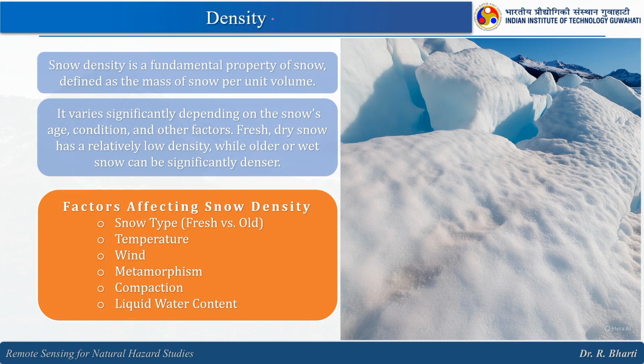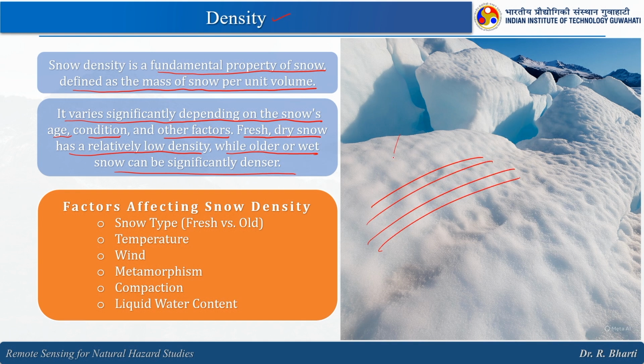When we talk about density, it is a fundamental property of snow, defined as the mass of the snow per unit volume. It varies significantly depending on the snow's age, condition and other factors. Fresh dry snow has relatively low density, while older or wet snow can be significantly denser. You can visualize this when you have snowfall.